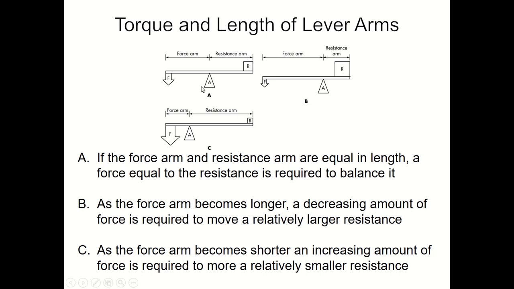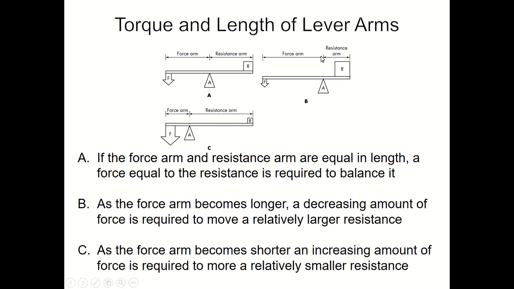So, an example: if the force arm here, which is the distance from the force to the axis, and the resistance arm are equal in length, you would need a force equal to resistance to balance it. Therefore, you would need more force than your resistance in order to actually cause this to tilt on its lever.